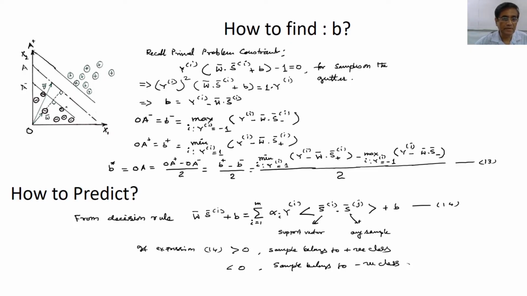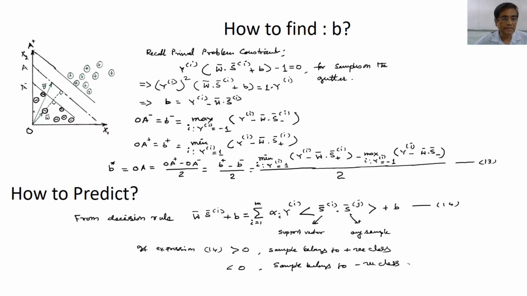This is the negative sample gutter, the positive sample gutter, and in between is my decision boundary, exactly equidistant between these two. That's how the decision boundary will be developed. Here, multiplying both sides by yi, yi squared equals 1, and B becomes yi − W·Si.